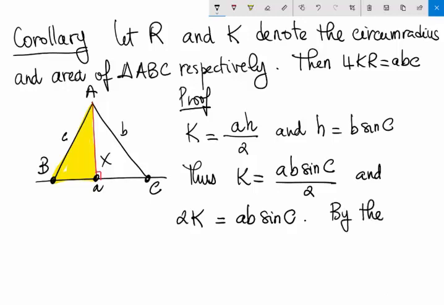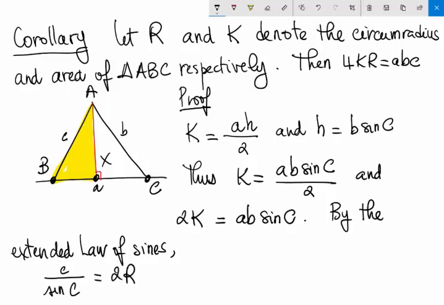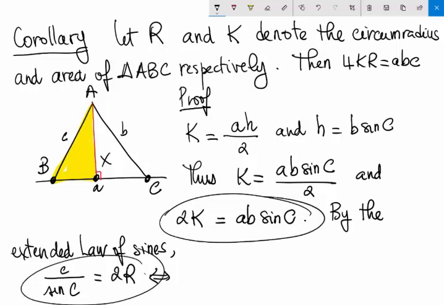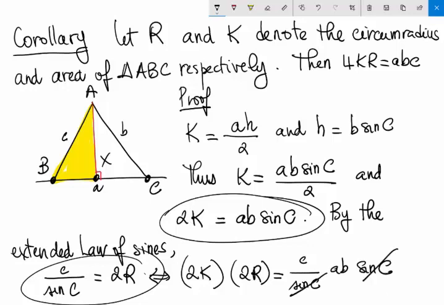Now, by the extended law of sines, c over sine of angle C must be 2R, so we will consider this equation and this equation, and then we'll multiply the first equation by the second one, so we'll get 2K times 2R, that'll be equal to little c over sine of angle C, times ab sine of C. Now the sines cancel each other out, and we get 4KR is equal to the product abc as desired.